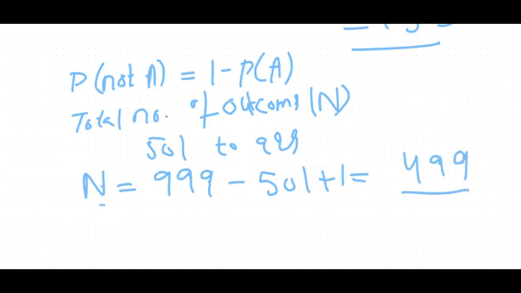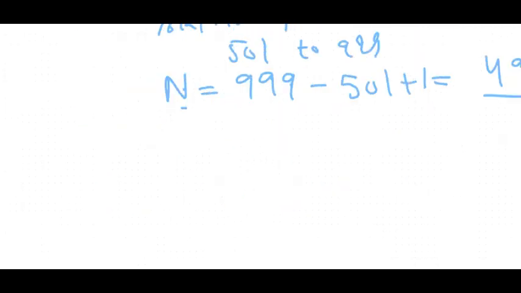So for step 2, we state the probability of event A. The number of favorable outcomes for A is 153 from 11.1.